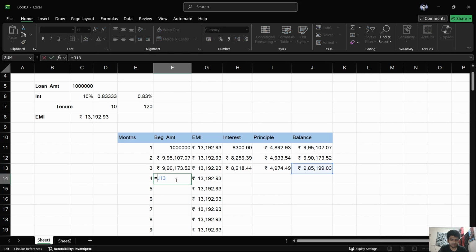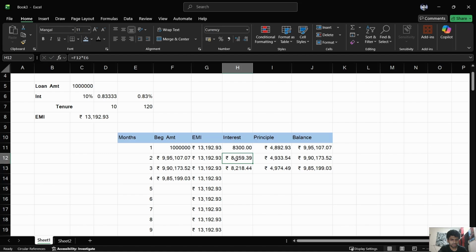See, now the amount is locked, and for the interest also, similarly, because the rate of interest is also the same, we are locking the amount. Similarly here also.